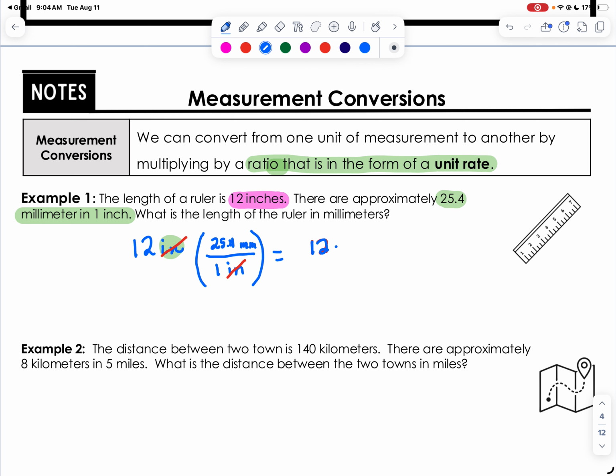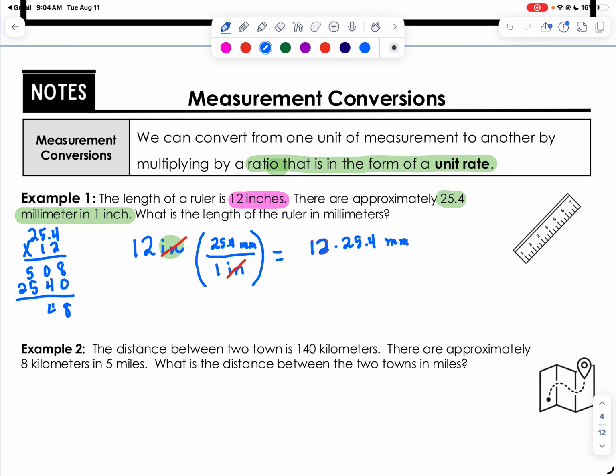times 25.4 millimeters. So I'm going to come over here and multiply 25.4 times 12. So 4 times 2 is 8. 5 times 2 would be 10. Carry the 1. 2 times 2 would be 5. Drop a 0. 1 times 4 is 4. 1 times 5 is 5. 1 times 2 is 2.